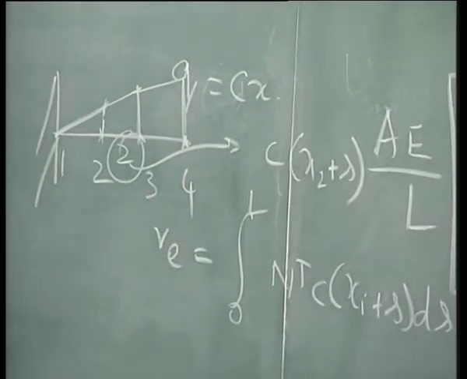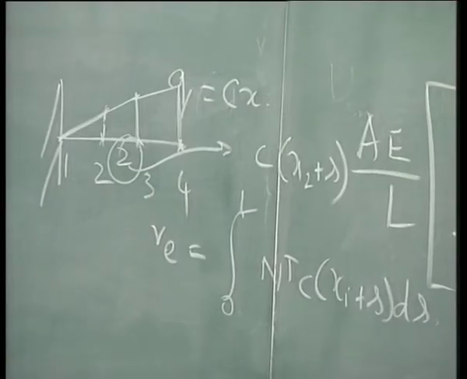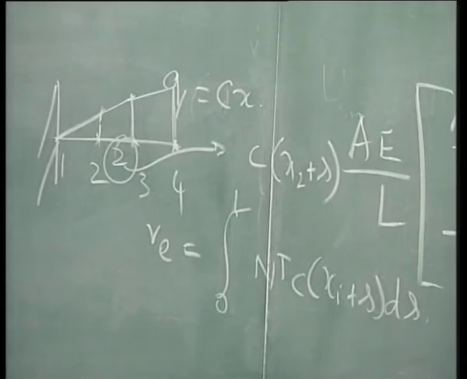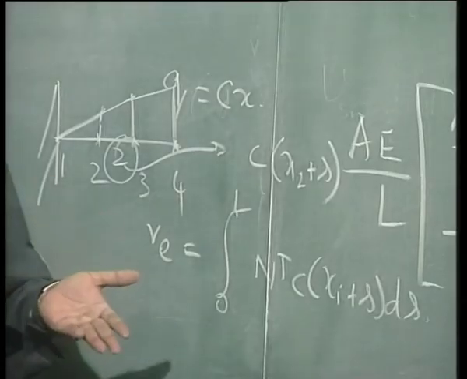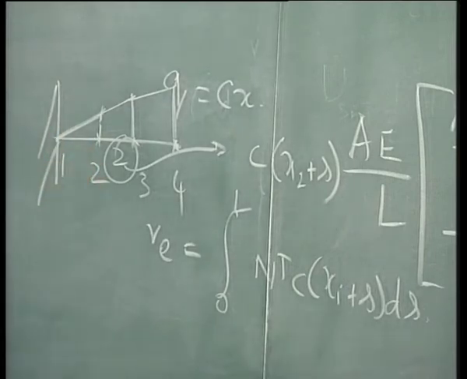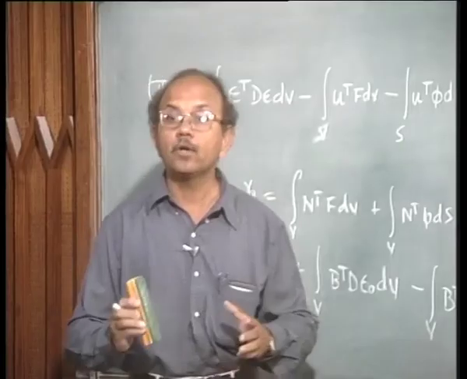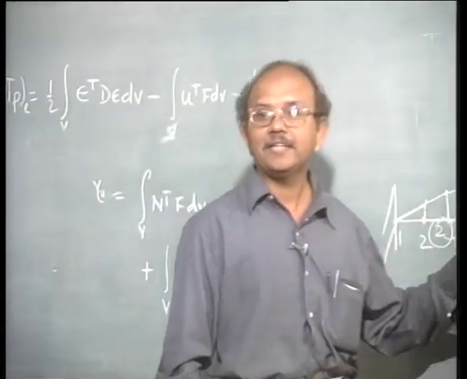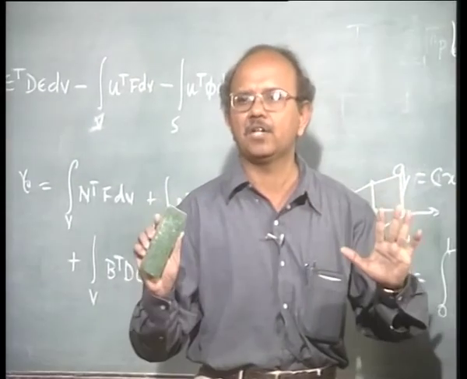There is a difference between the global coordinate system and the local coordinate system. It's nicely you brought it out, because x is now, as far as I am concerned, I am not bothered what you are going to use. As far as I am concerned, I am giving you a problem as an engineer for you to solve it. So I will look at it only from a global coordinate system. So in this case, I will say q is equal to Cx, that's all.